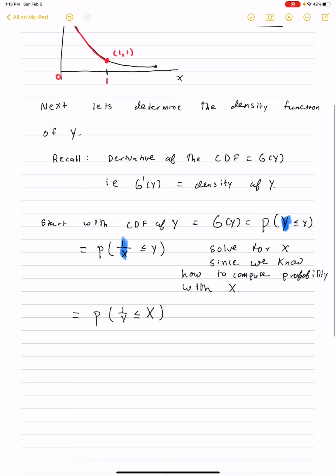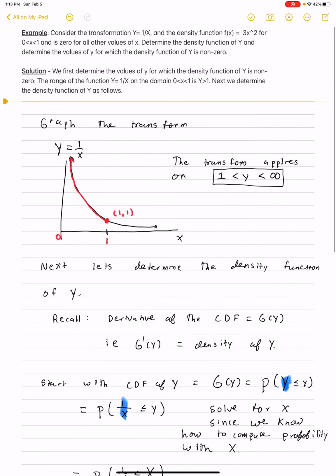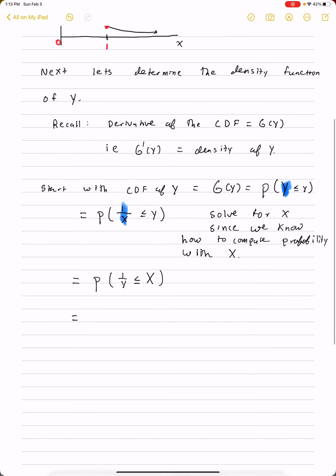Okay, well, I know the density of x. I know how to calculate probabilities involving x. And here we're told that the density function is f of x equals 3x squared. Okay, so I integrate, and the integration limits are 1 over y to, well, infinity of f of x dx.